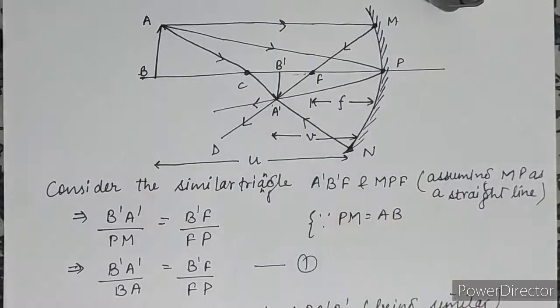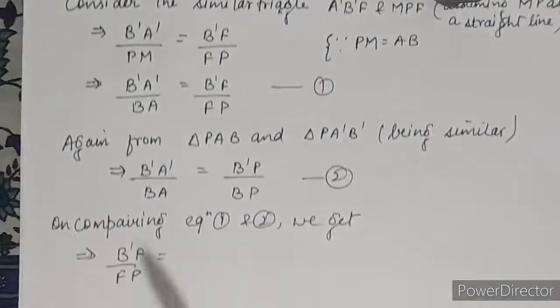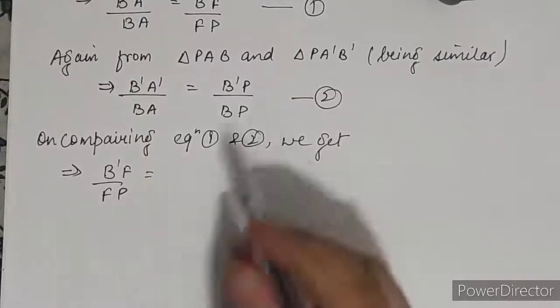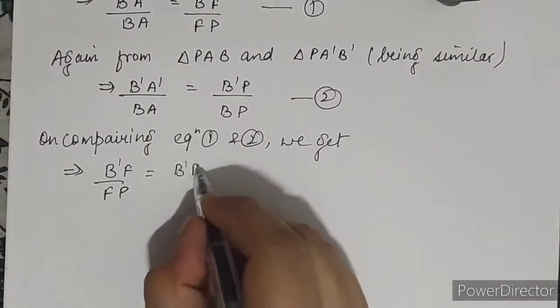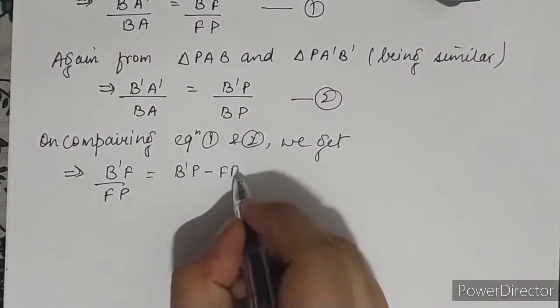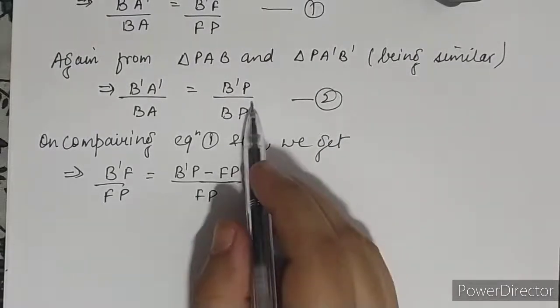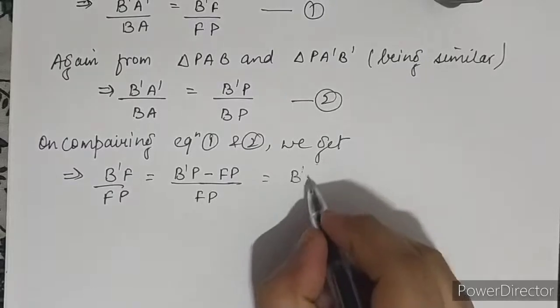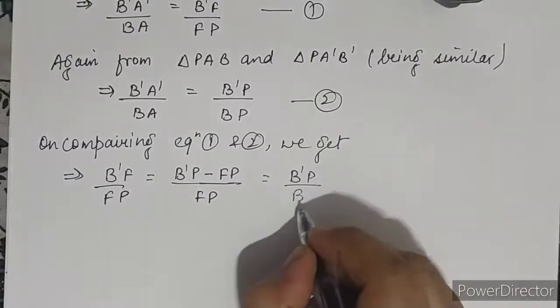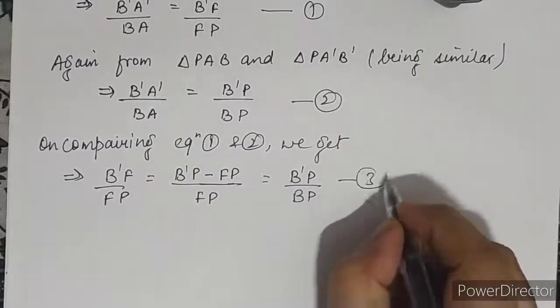B'P minus FP. Okay. So like this I am writing it down, B'P minus FP upon FP, and this is equal to, comparing with this equation, B'P upon BP, equation number 3.